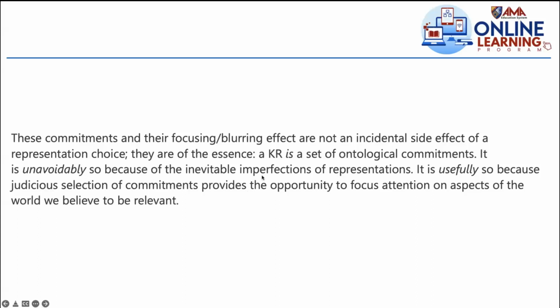Okay, class. So it is useful because a judicious selection of commitments, meaning the technique that you will choose, provides the opportunity to focus attention on aspects of the world we believe to be relevant. Relevant in the sense that it's connected to the task that you want your AI program to accomplish, like medical diagnosis.